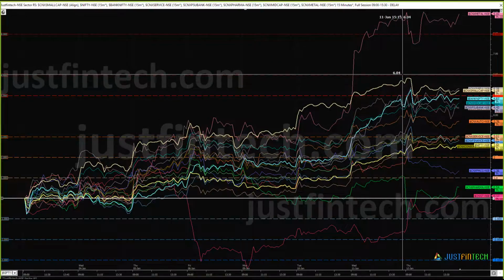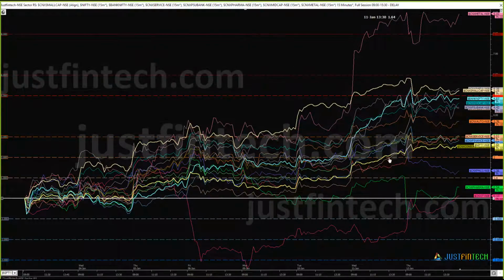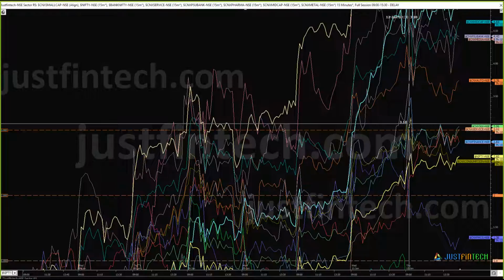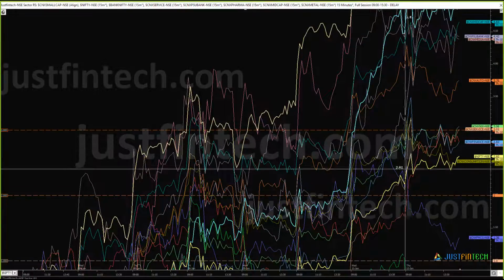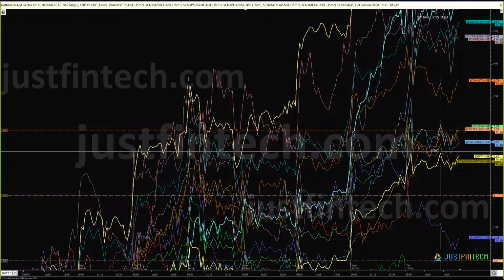Small cap is 5% up, and the lagging ones are obviously the IT, pharma, and the FMCG. The consumer, finance, service, and what is this hidden one? The CNX 500, all are clubbed around Nifty with 2.5 to 3% gains.